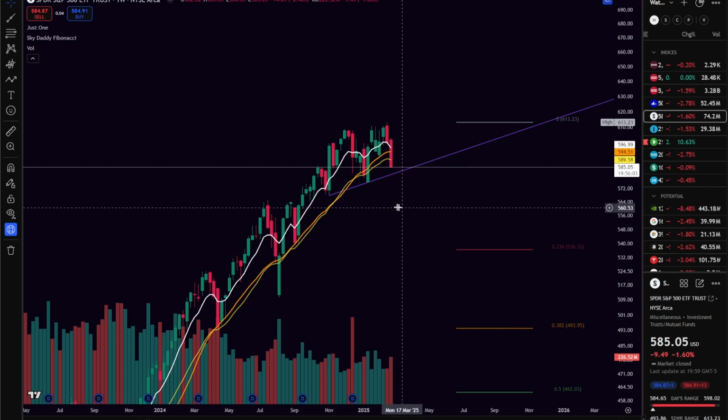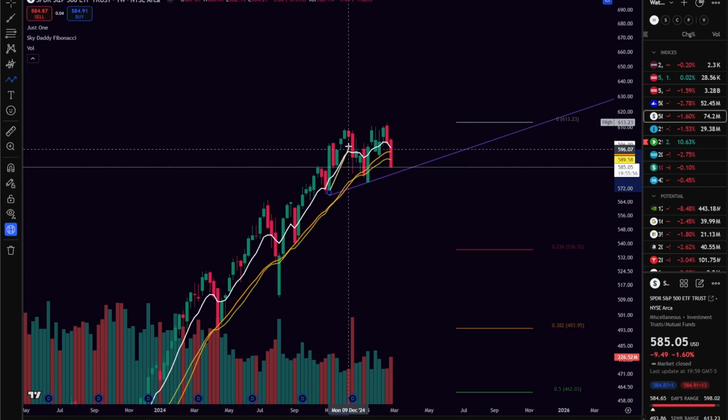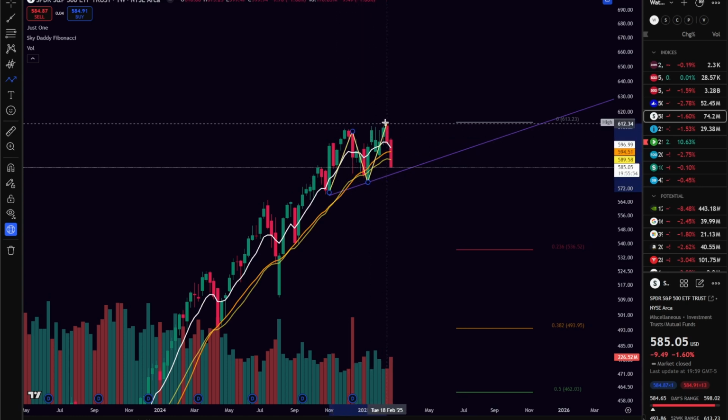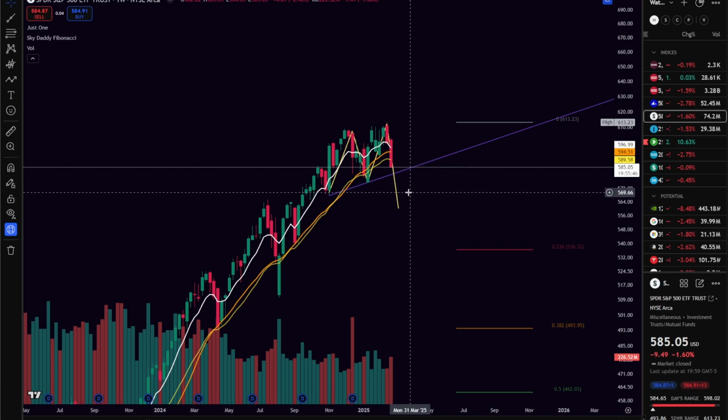Yeah, this is interesting. It looks like we have a what? Oh no. Oh no. Oh no. Basically break this neckline.